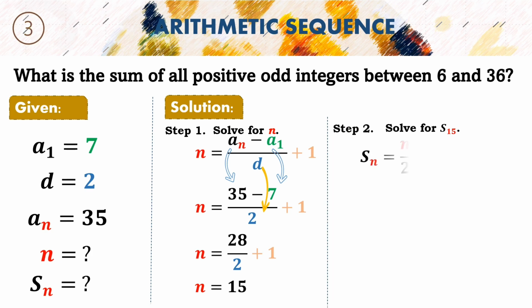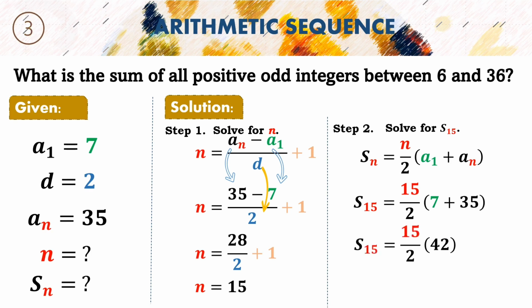Using formula 1, substituting the given, S of 15 equals 15 over 2, quantity, the sum of 7 and 35. S of 15 equals 15 over 2 times 42. Therefore, S of 15 is 315.